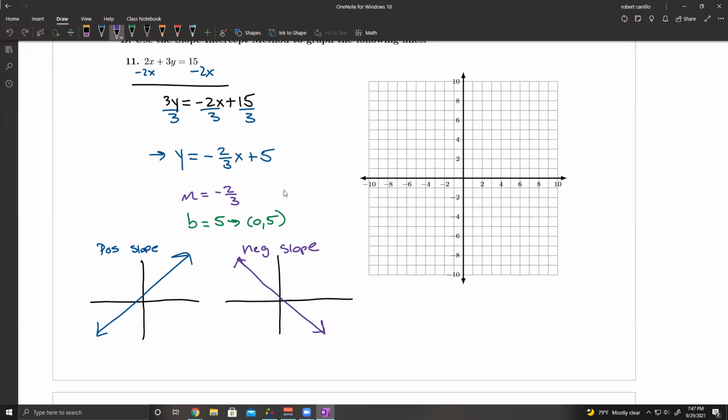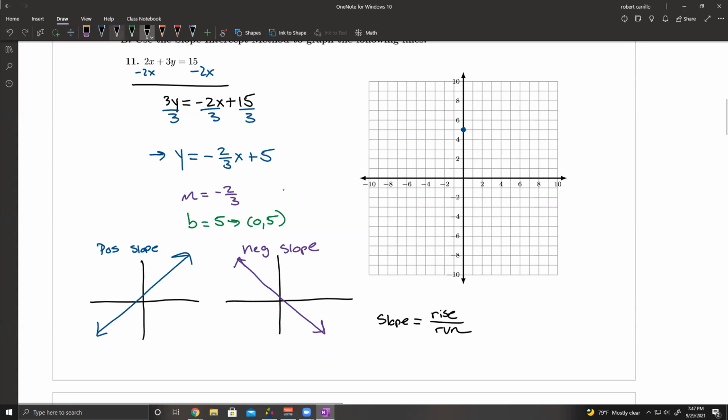So I'll show you how to work it. The first thing we're going to do is plot our y-intercept. Our y-intercept is at 5, so (0, 5) right there. Since it is a negative slope, and remember, slope is also known as rise over run, I have negative 2/3.